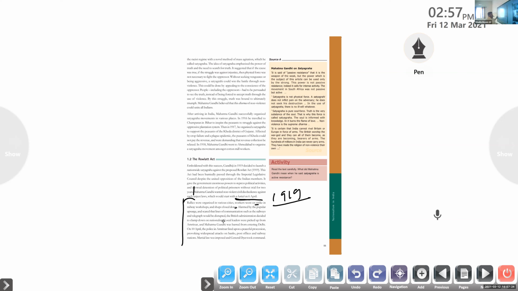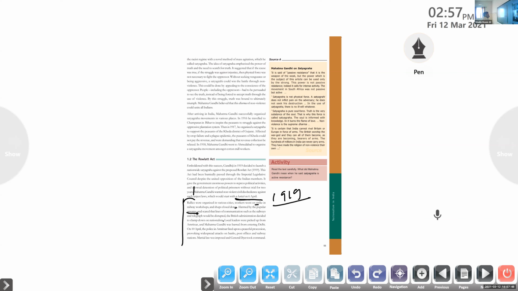Hearing of the movement, the British government stopped rail and telegraph activities. Clamp down means to stop the nationalist activities, to stop the national movement.